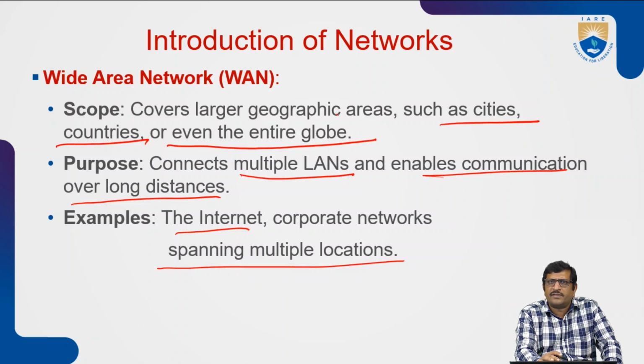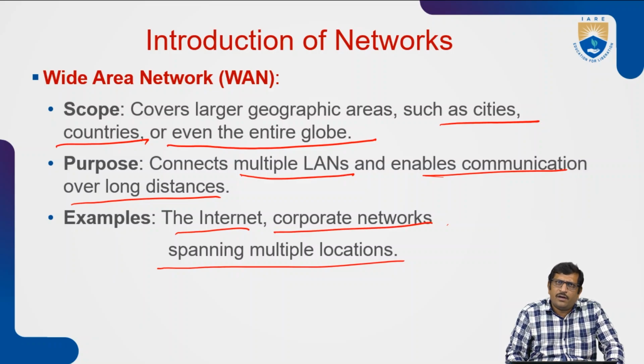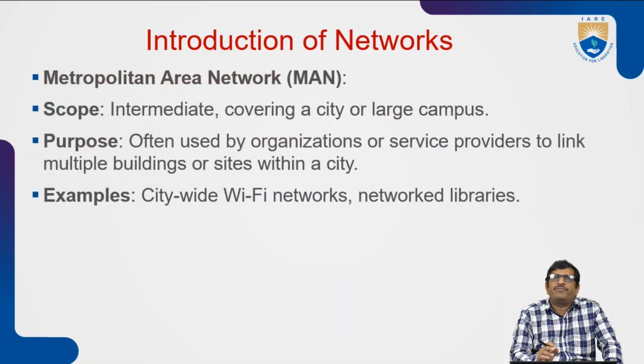So a number of networks are connected with LANs, and all the LAN-connected networks can be connected. So we can form the internet by connecting multiple LANs. Corporate networks also utilize WANs. So this is about wide area networks.